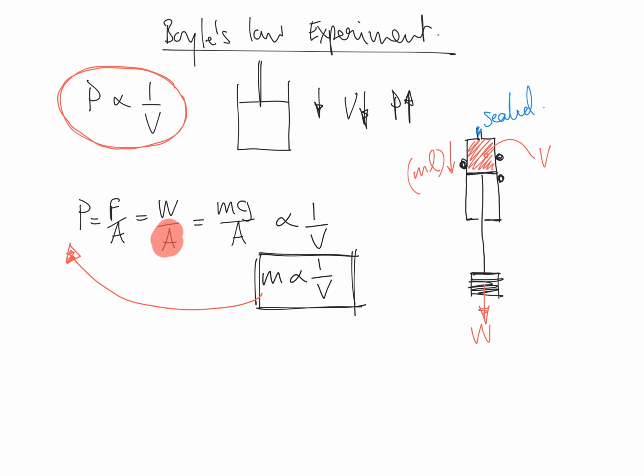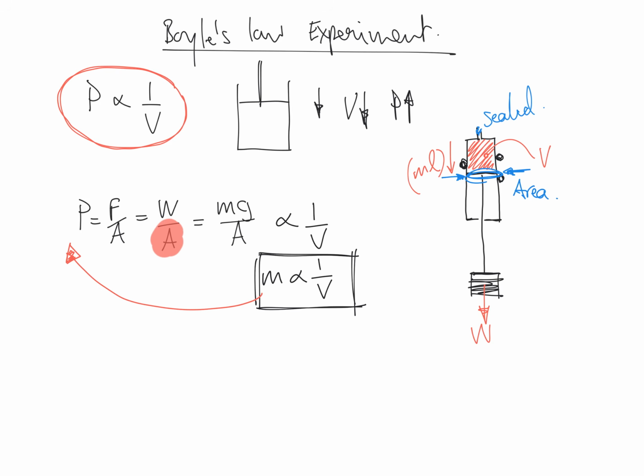When I take the readings, I will probably want to pull the plunger out and find the area of the plunger. The way I do that is I pull out the plunger and use a micrometer to measure the diameter.